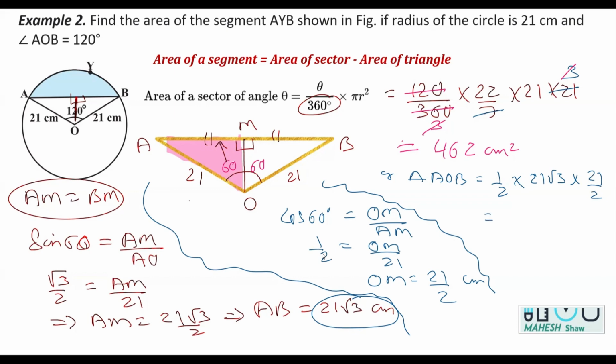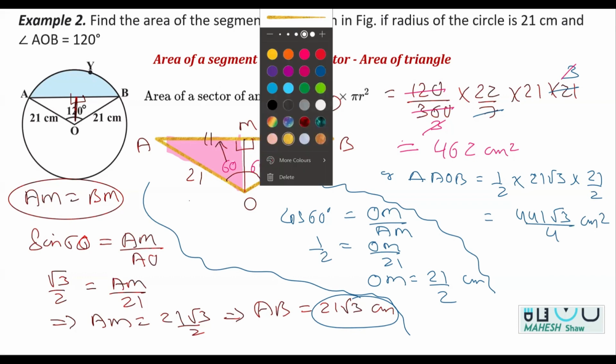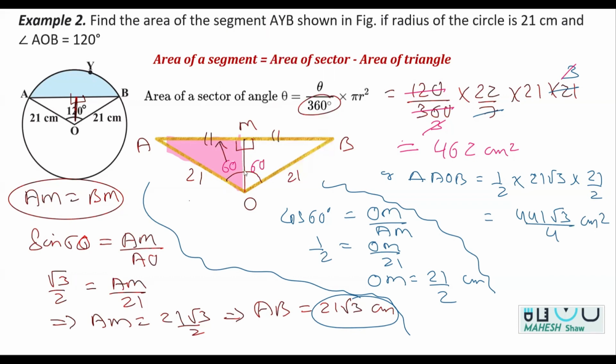So we get the area, 21 into 21 is 441 root 3, and 2 into 2 is 4, centimeter square. Check here what we got: the area of the sector as this and the area of the triangle as this. So if you subtract these two, you should get the area of the segment.